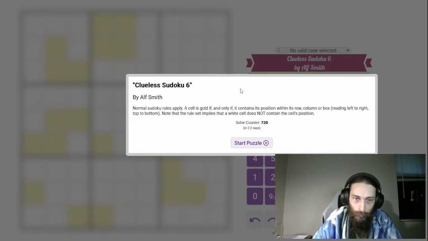Normal Sudoku rules apply. A cell is gold if, and only if, it contains its position within its row, column, or box, reading left to right, top to bottom. Note that the rule set implies that a white cell does not contain the cell's position.